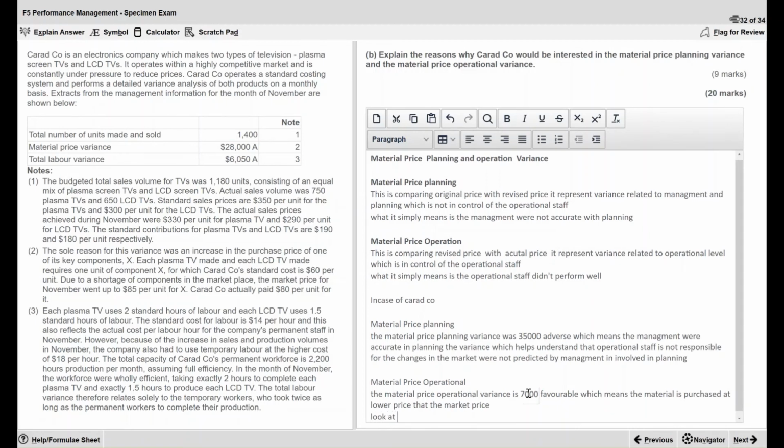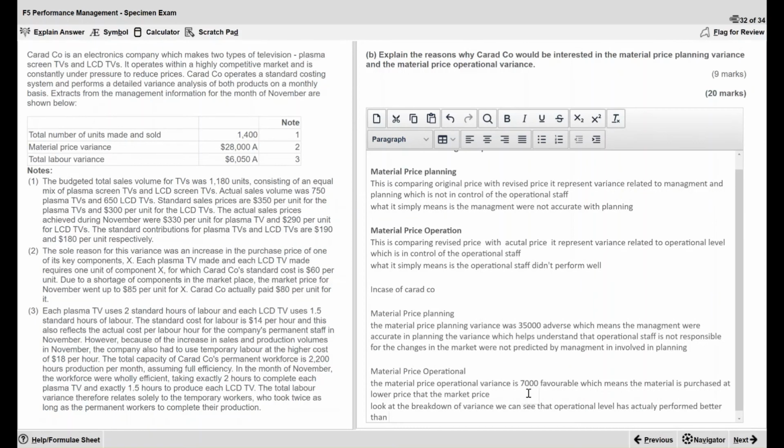Looking at the breakdown of variance, we can see that operational level has actually performed better than budget.